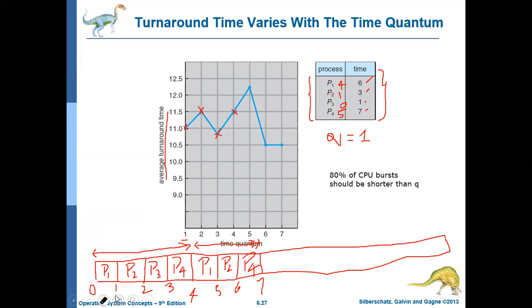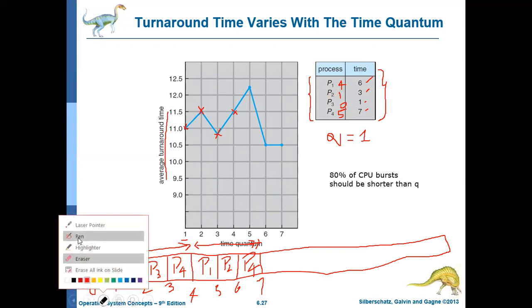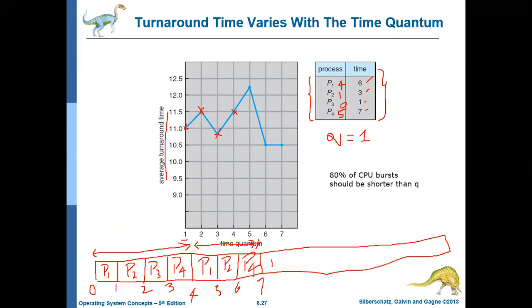In the third round also, these three processes will continue: P1, P2, and P4. P1 will first execute, then P2, then P4. That is 8, 9, and 10. So round 3 goes up to the 10th millisecond.